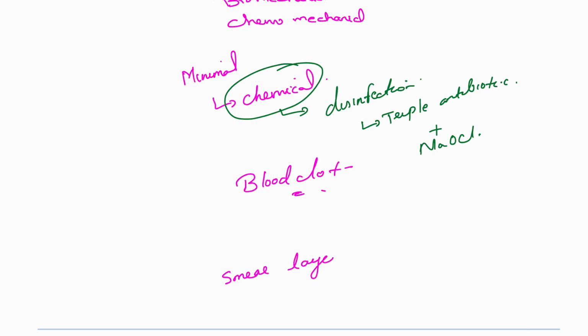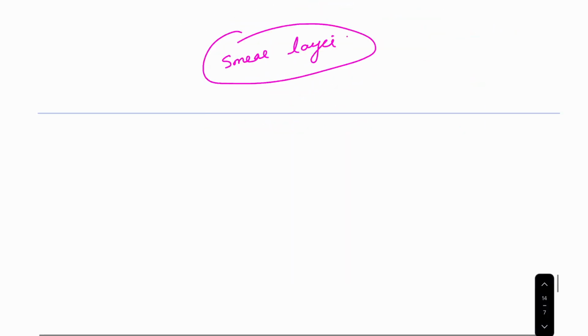You all know that, isn't it? This smear layer impedes your regenerative process. Okay, you need your stem cells to come, you need your blood flow, even providing some growth factors. So this will be impeded if there is a smear layer.